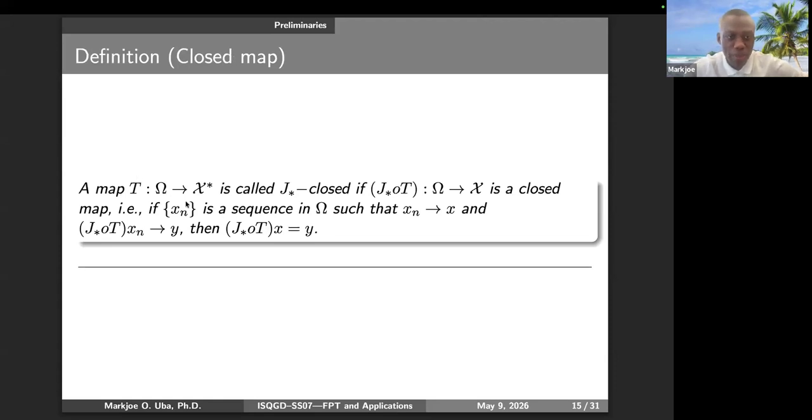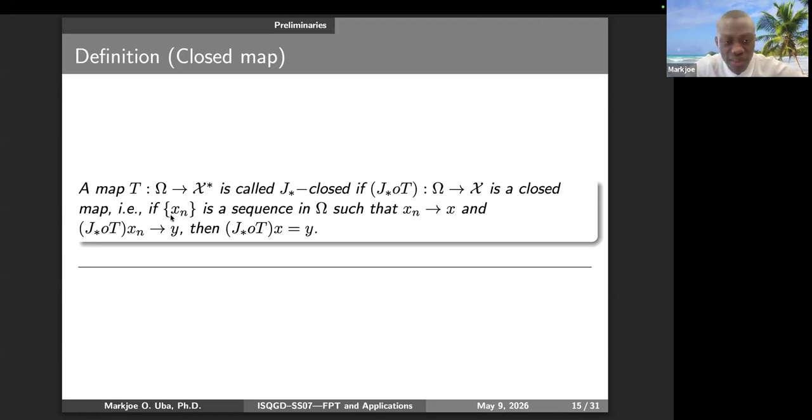Okay. A map is said to be J closed. So if we have a map T from a convex set to the dual space, this will be called J star closed if we compose the inverse of this duality map with T, it gives us a closed map, the regular closed map we know.